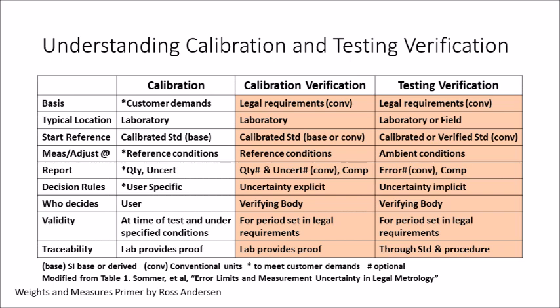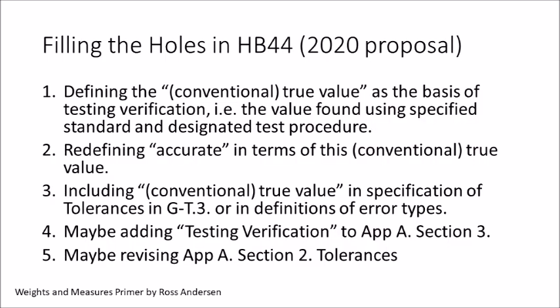Now, the validity for both of these is for the period set in the legal requirements. And finally, as far as traceability, if you're doing a calibration verification, the lab has to provide the proof. But in testing verification, all you have to have is a traceability certificate for the standard and knowledge that you followed the procedure.